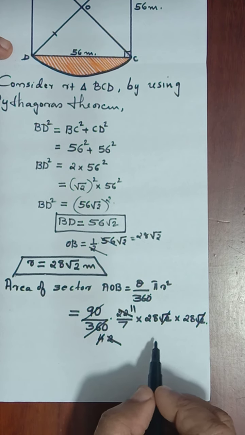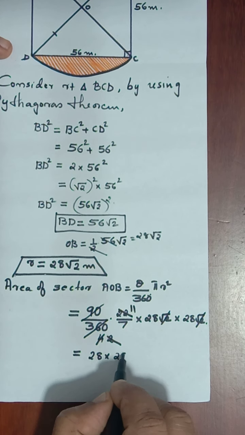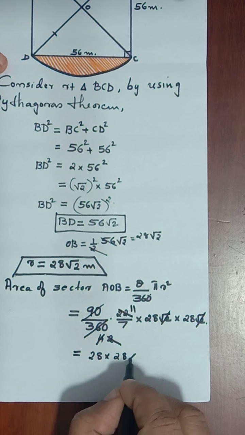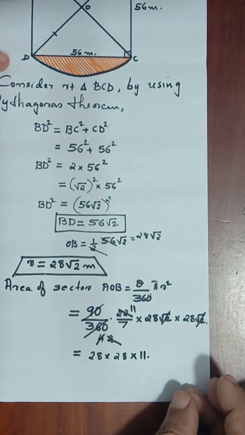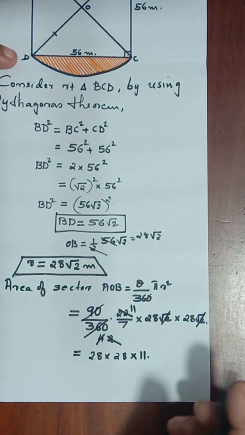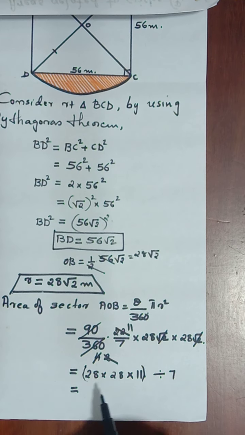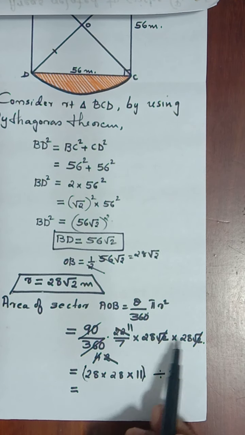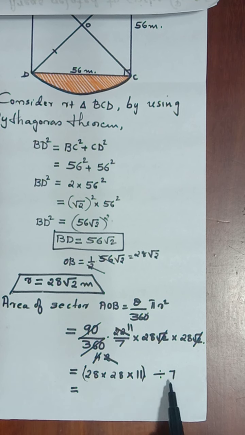So 28 into 28 into 11 is the area of the sector. We have to multiply and get the answer. When you multiply 28 into 28 into 11, whole divided by 7.